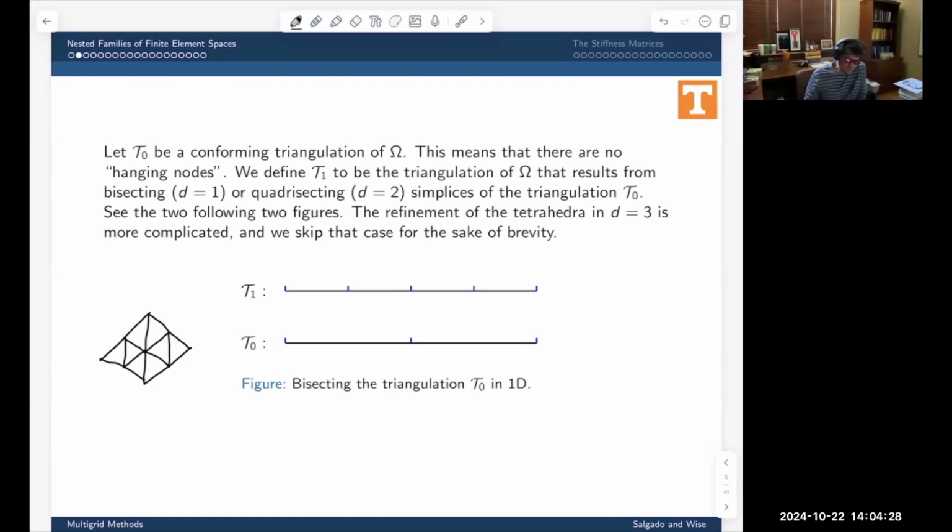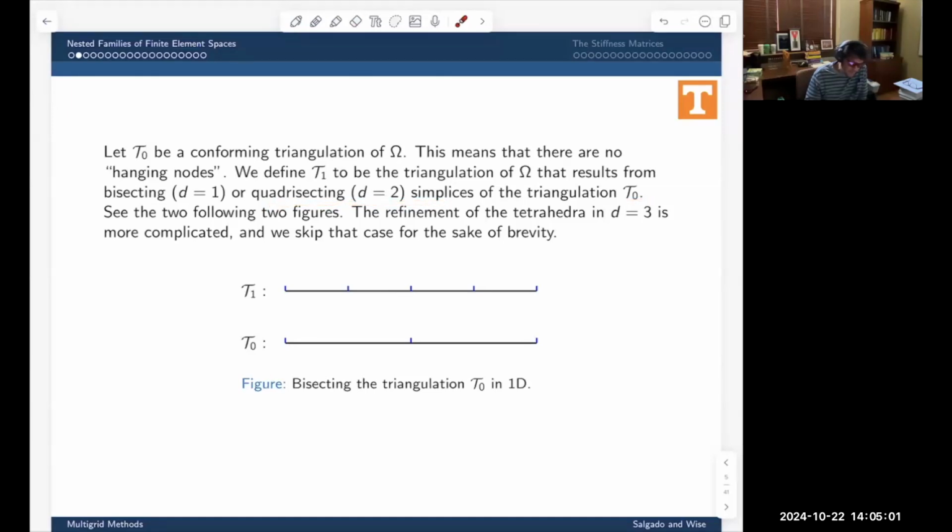As long as you quadrisect in the same manner, you always have a triangulation with no hanging nodes. Okay, but that's by way of review from numerical analysis. Now if we refine, we're going to define T1 to be the triangulation of omega that results from bisecting, or quadrisecting, our triangles in the triangulation T0.